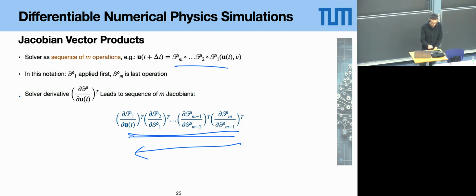And basically for each of these operations, one by one, make sure that in our simulator we have some efficient function that takes the incoming gradient from the following step in the forward pass, computes the multiplication of the current derivatives with that incoming one, and then outputs the gradient vector to whatever came before in our forward pass. Remember, this now goes back propagating in reverse order of the forward steps.